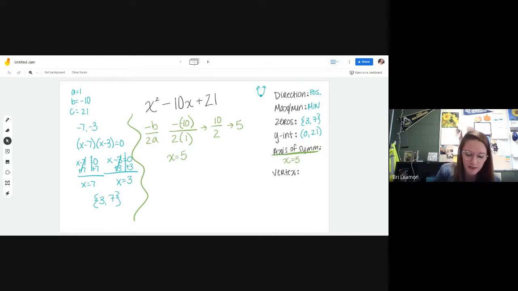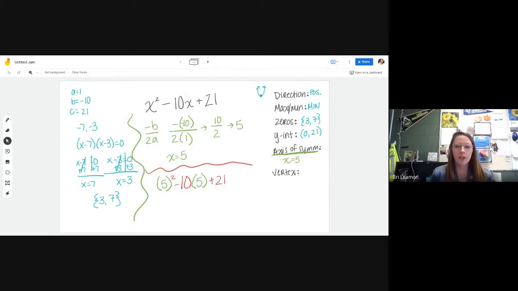Then remember, to find our vertex, we take our axis of symmetry and we plug it in wherever we see an x value. So we'll have 5 squared minus 10 times our new x value, which is 5, plus 21.